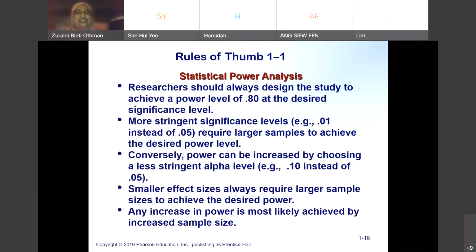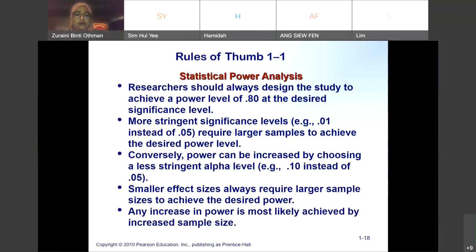Okay, this is statistical power analysis. Rule of thumb: what you have to know in statistical power analysis. First, researchers should always design the study to achieve a power level of 0.8 at the desired significance level. A more stringent significance level, for example 0.01 instead of 0.05, requires a larger sample to achieve the desired power level.